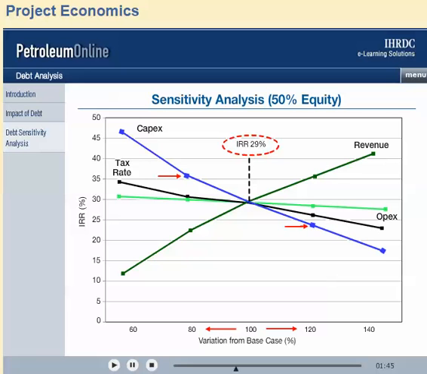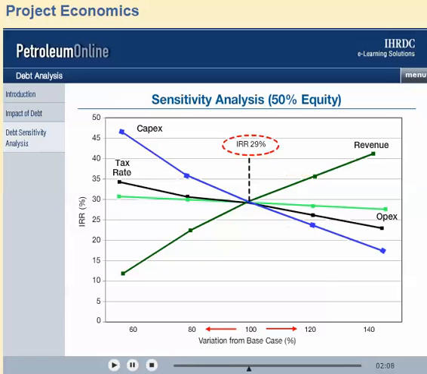On the revenue side, if the revenue is 80% of what we were projecting, the internal rate of return will drop to 22%. And if the revenue is 20% higher than the base case, we'll be up to about 35% internal rate of return. So we potentially have a very robust project.